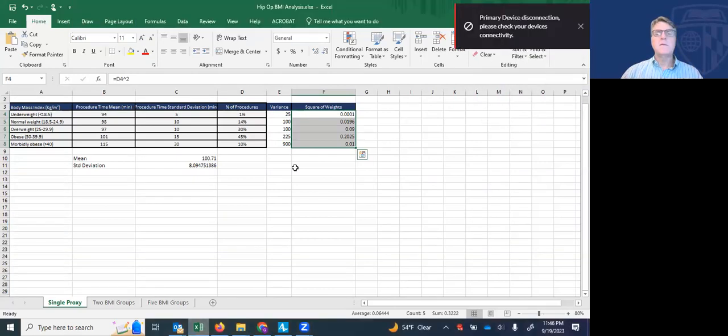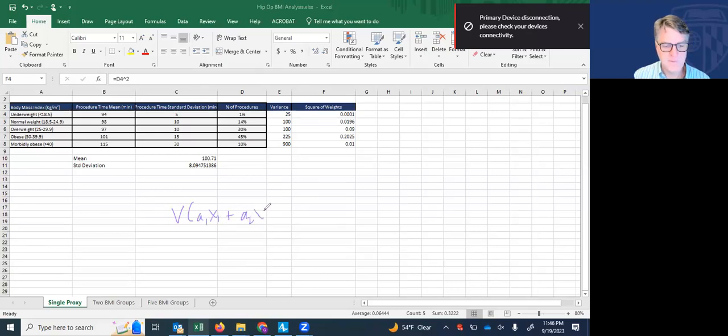So just briefly, the math here is the following. I'm just going to do it for 3 categories. So it would be A1 squared times the variance of x1 plus A2 squared times the variance of x2 plus A3 squared times the variance of x3.